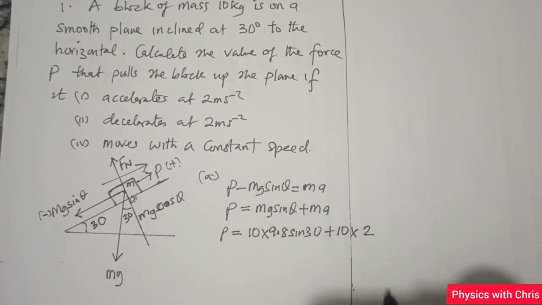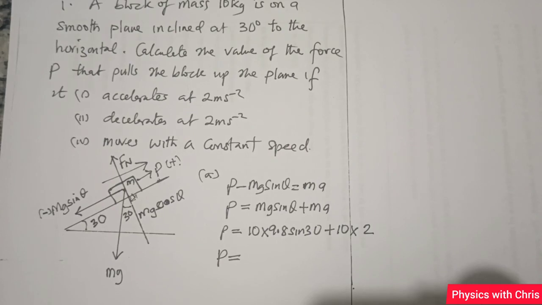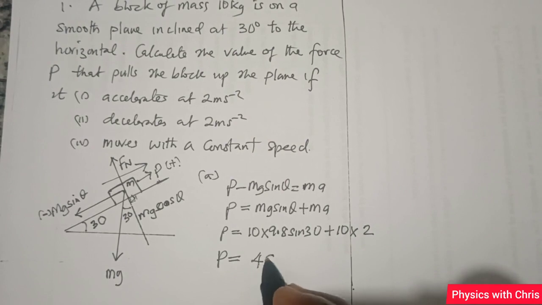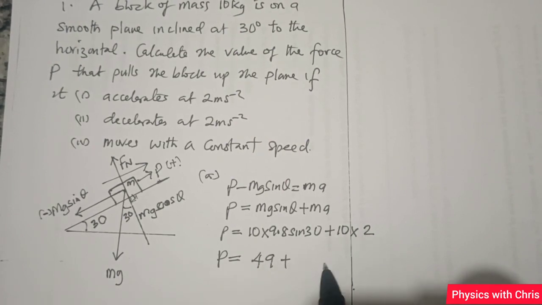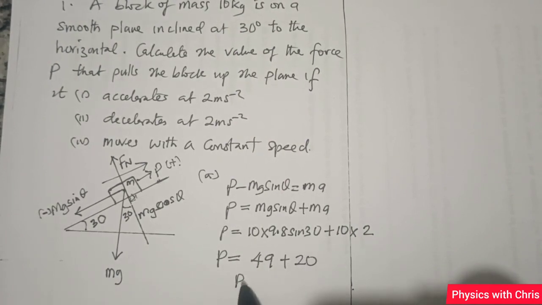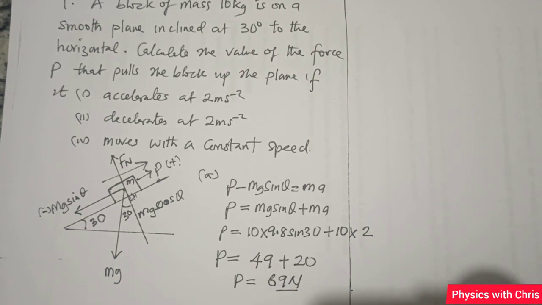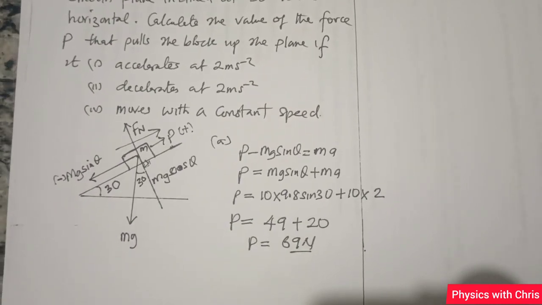So with this, we can quickly find the value of force P that is responsible for the motion of the block up the plane. Get your calculator ready. That gives me 10 times 9.8 times sine 30, which gives me 49, plus 10 times 2, that gives me 20. So the value of force P is 69 Newton. That's the force P that pulls it up the plane.